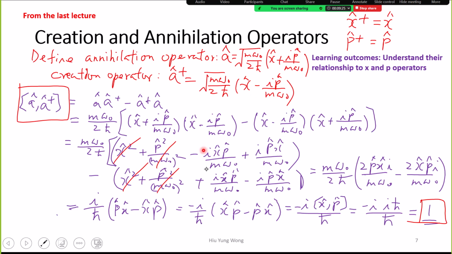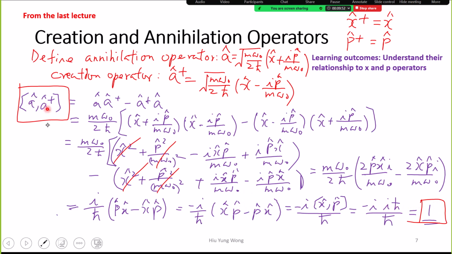We went through this complicated math, but it should not be complicated. You should be able to do it, just to appreciate again why you should keep track of the position of each variable when you do multiplication. xp is not equal to px. That's why you cannot cancel that. Go through all the math by using the fact that the commutator of x and p equals i h bar.